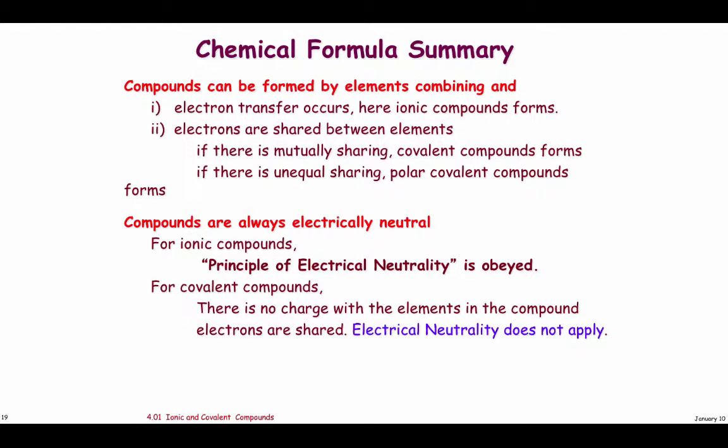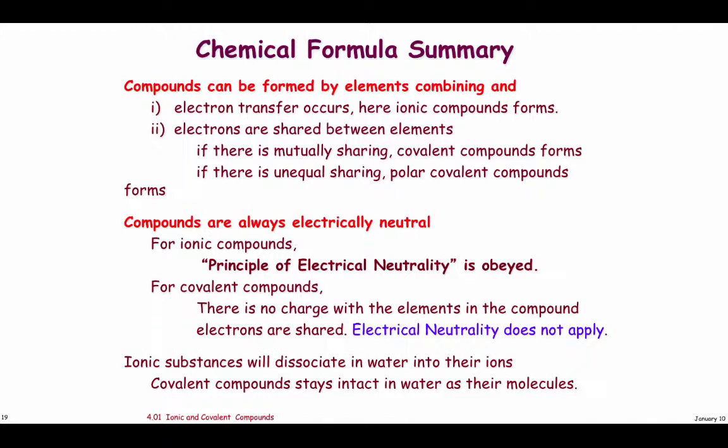Compounds are always electrically neutral. For ionic compounds, the principle of electrical neutrality is always obeyed. For covalent compounds, there are no charges with the element, so do not use the principle of electrical neutrality. There are no charges, and the electrons are being shared among the elements.